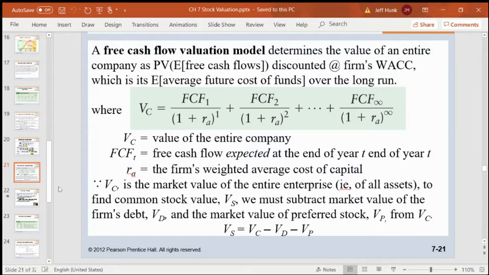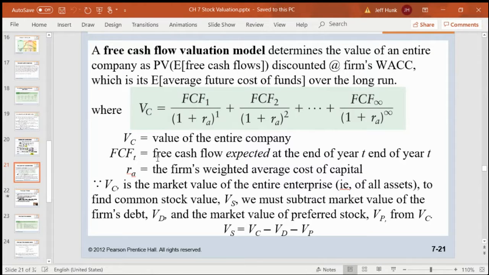So we have to discount them back to present. All these free cash flows, going all the way to infinity, the stream of future cash flows, we have to discount it. And if we discount it, that result is the value of the company.